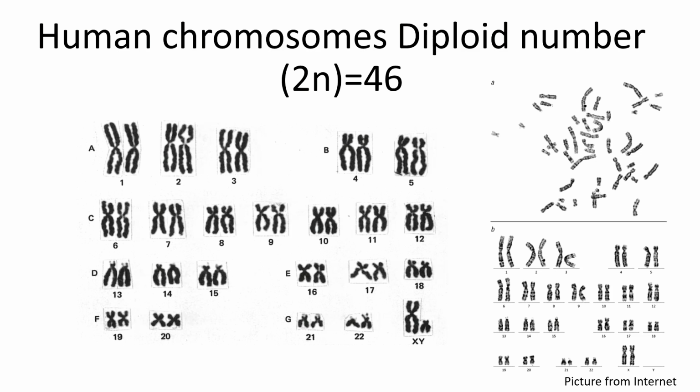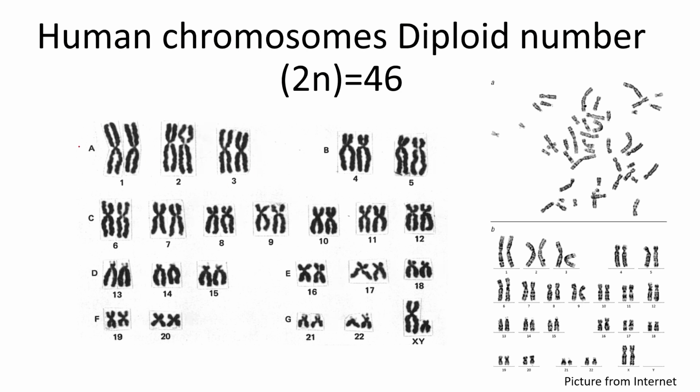If we consider the human chromosome and the diploid number, this is 46. We all know the diploid chromosome number is 46. This is a karyotype. Karyotype means all the 46 chromosomes are organized according to size in a pairwise manner.